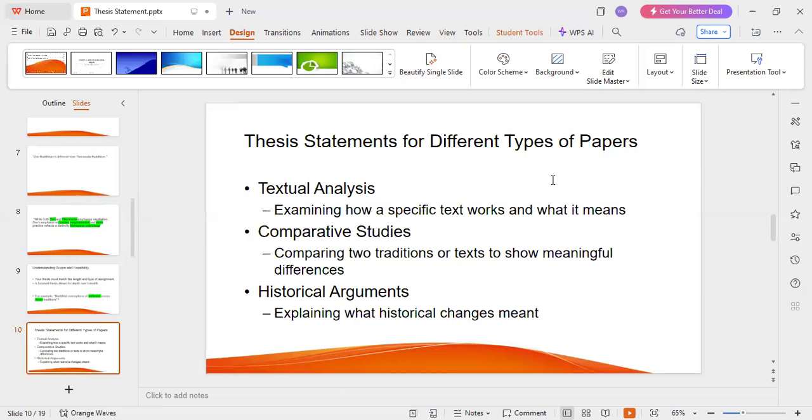So we have to cater to different types, and the way that you structure your thesis statement can be different. It can be specifically individual.